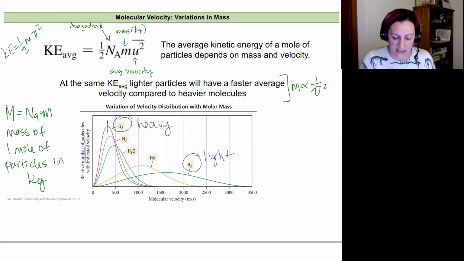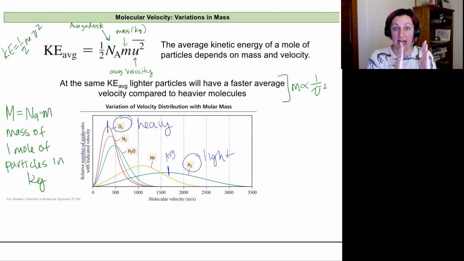At the peak of these distributions, these are really their average velocities for the whole set. With the lighter particles we have a much broader distribution of possible velocities for our sample, but it has an overall faster velocity on average than something that's heavier, which has a much tighter distribution like the oxygen does.